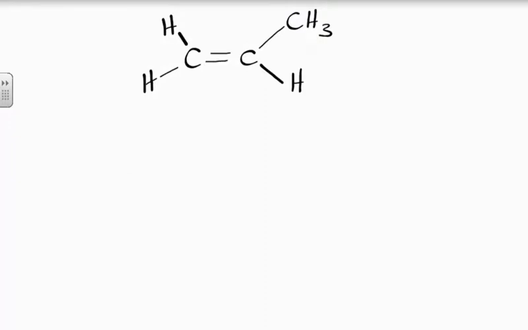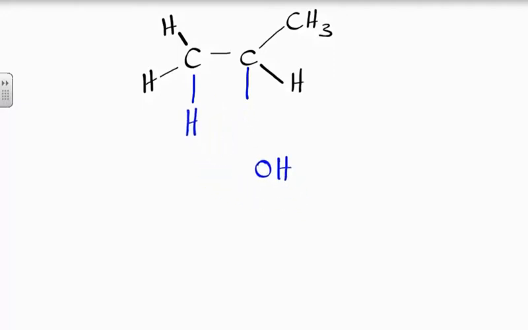Propene next. Need to be a little bit more careful with propene. As we can see, we're going to break the double bond, and if we think about how our water is going to go across the double bond, then the hydrogen could either go on that carbon, which would leave the OH on the first carbon, or it could do it the other way around.